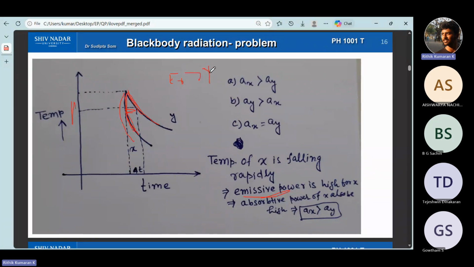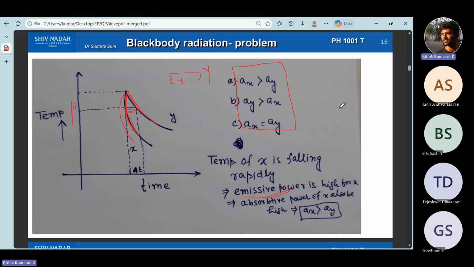Correct? So now here comes the catch: in the options, they have given only absorptive power. So remember, there's Kirchhoff's law which states a good emitter must always be a good absorber. Why? Because the emissive power divided by the absorptive power is always a constant for any body.